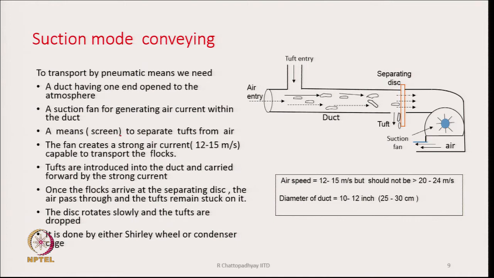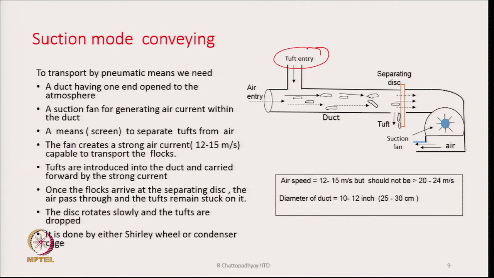Also we need a means to separate tufts from air. Now, in the duct we need another entry point for the tufts. So, there has to be a tuft entry point as shown here in the diagram, and then since the air will carry the tuft towards the right hand side in this case, whenever we reach the destination point of the tuft, we have to have a means to separate out the tuft from air.